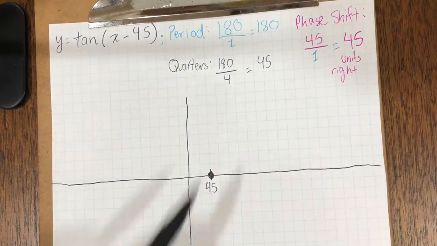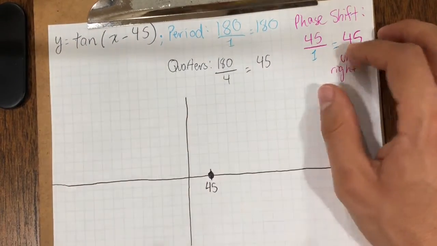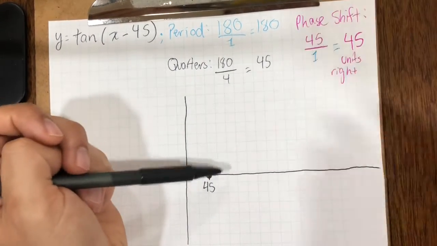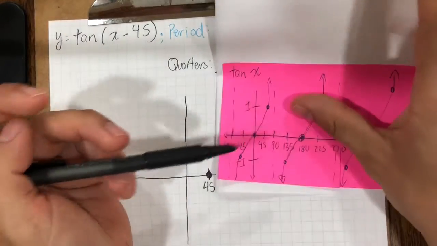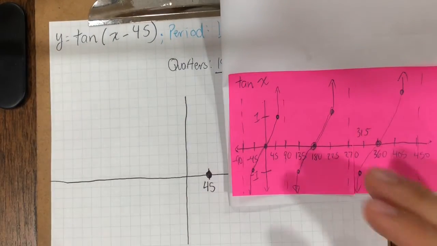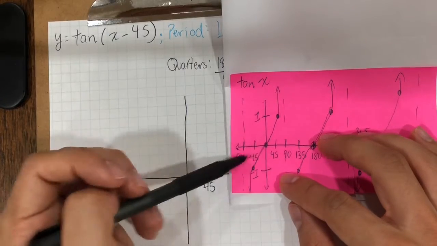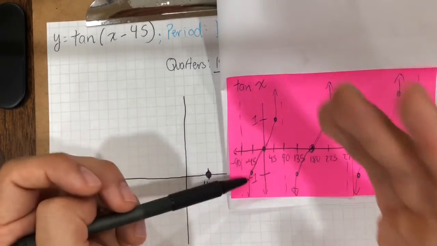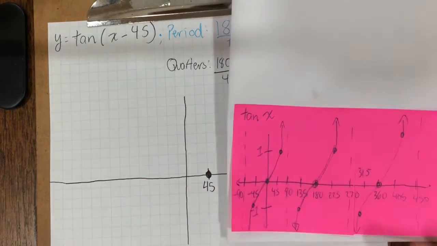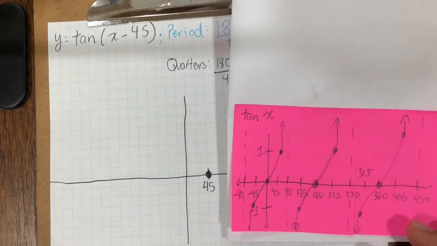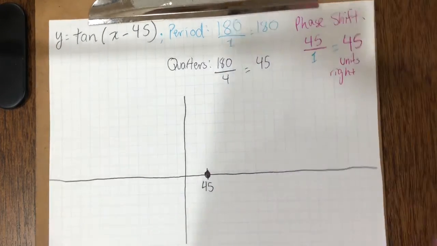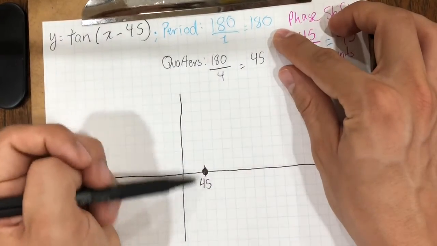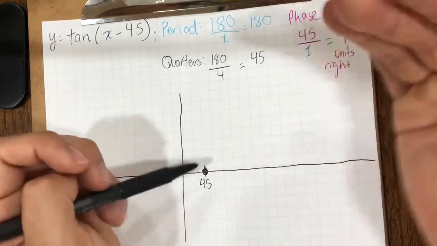We know that the period is 180 degrees, and the period will help us figure out what the two values are that have the asymptotes in between the graph. What I can do is take 180 and split it in half, since 45 is the middle number of the graph.